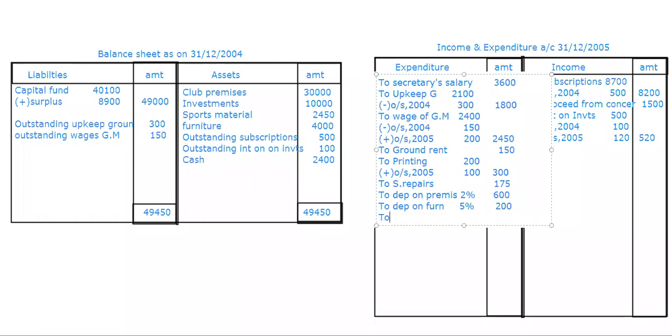And the last one is depreciation on sports equipment, which is how much? 816.667. How did I get this? I'll tell you.